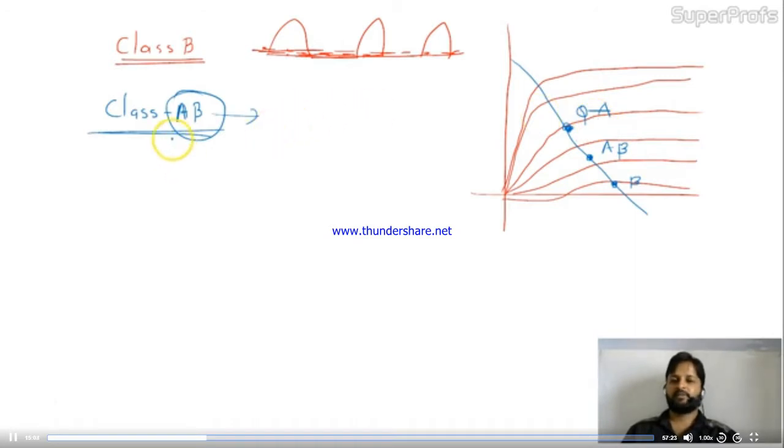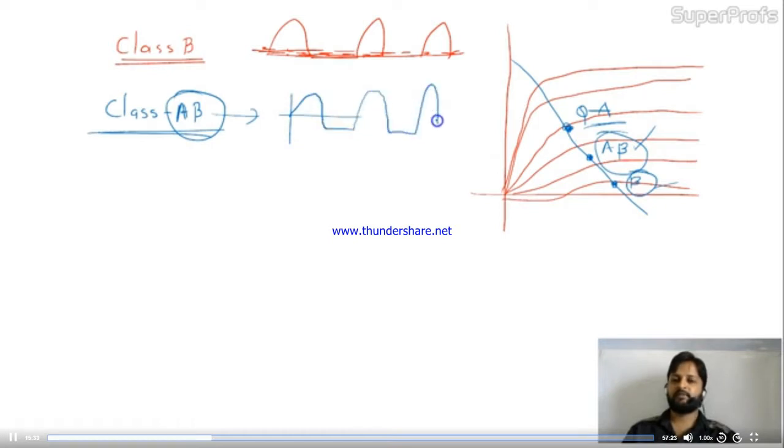So tell me one thing. In terms of distortion, in the class A amplifier, distortion will be minimum. In class B, the distortion will be very high. In class AB, it will be moderate because it is in between them: less than B, but higher than A. If I talk about the waveform, it will be something like this.